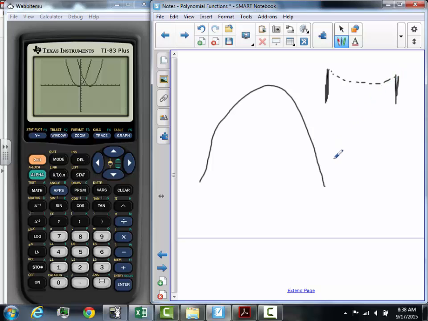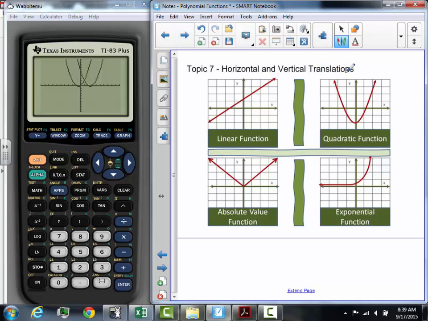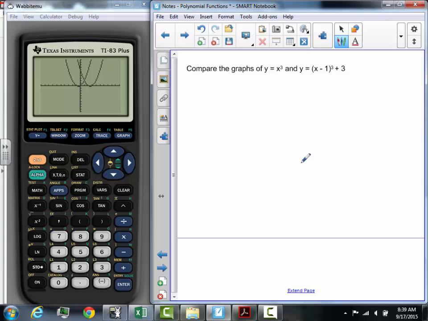But maybe your parabola is in the wrong spot. What you might need to do is slide it over. That's the goal of today's lesson. Today's lesson is all about how we can translate a graph so that it's congruent. It still looks exactly the same, but it's in a different location, because we don't want it there, we want it here. That make sense?